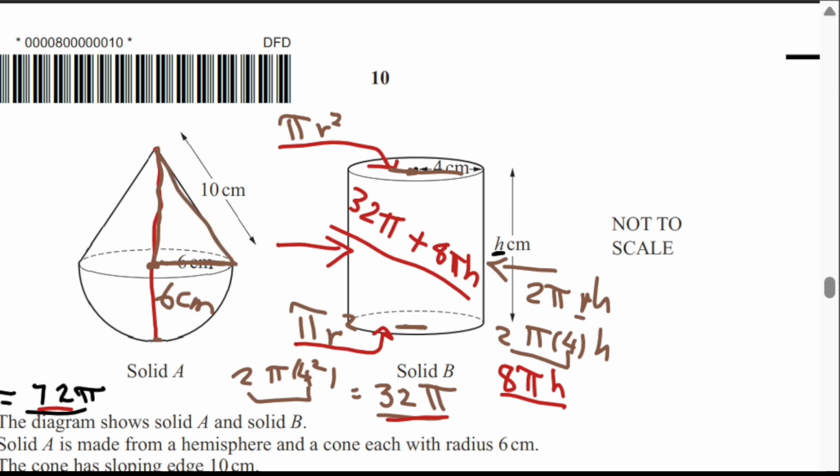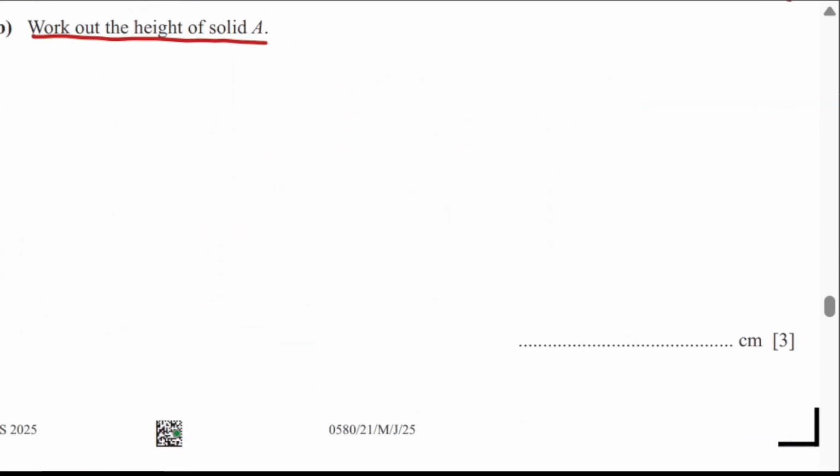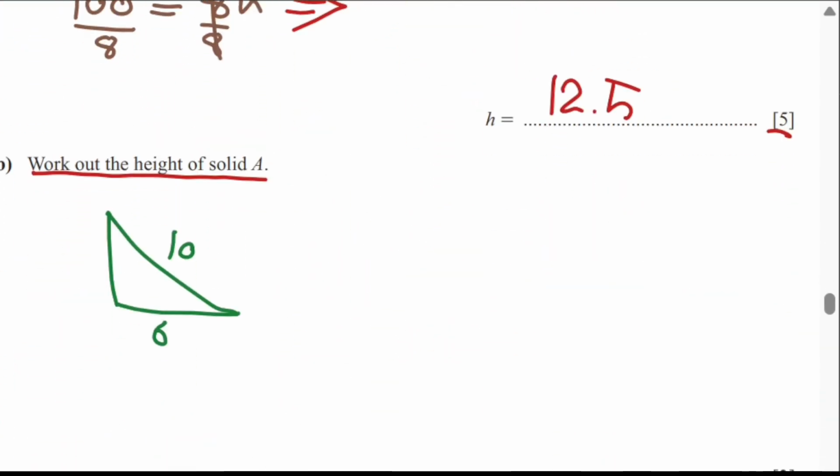Let's draw this triangle here. This is 10 and this is 6. We can find this, can't we? Yes, using Pythagoras. Let's draw the triangle down there. This is 10 and this is 6, and this is what we want.